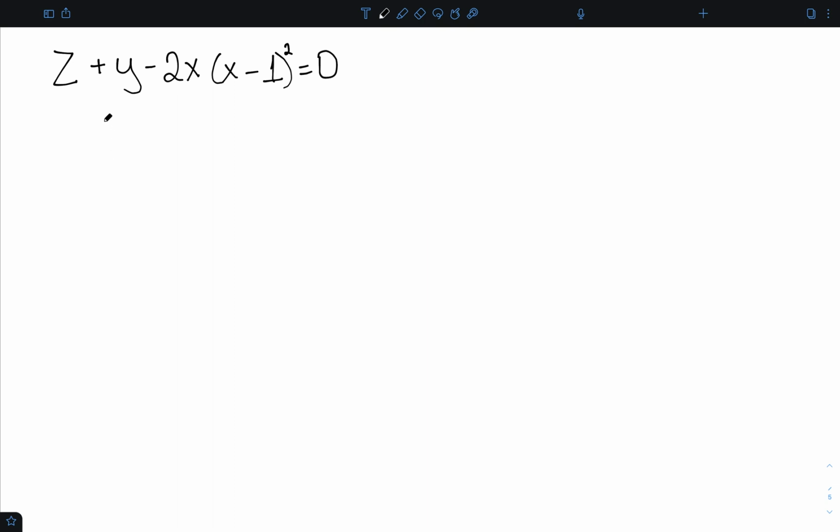Next, let's consider this function here, z plus y minus 2x times x minus 1 squared equal to 0. And to start with, I'm actually going to rewrite this as z is equal to 2x times x minus 1 squared minus y. So let's look at the graph of this and see if we can determine that it is in fact a cylinder.